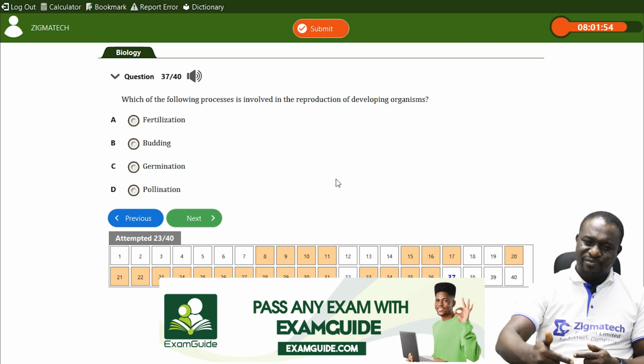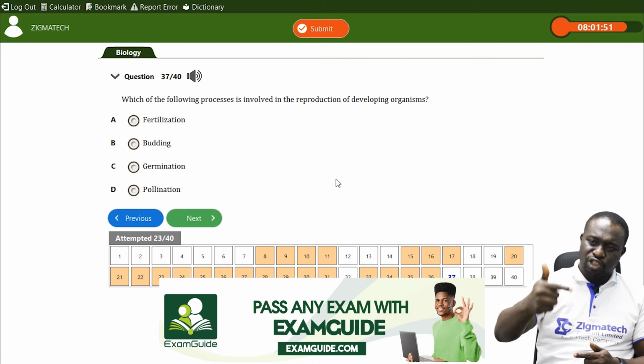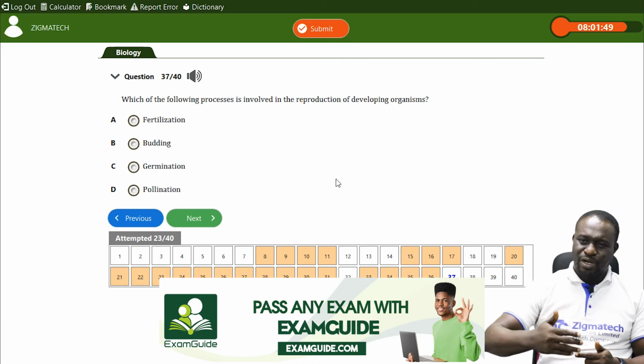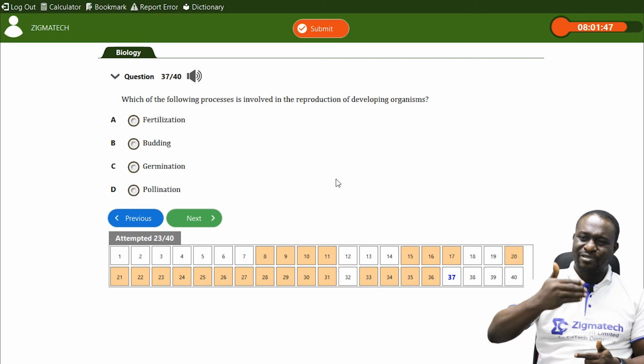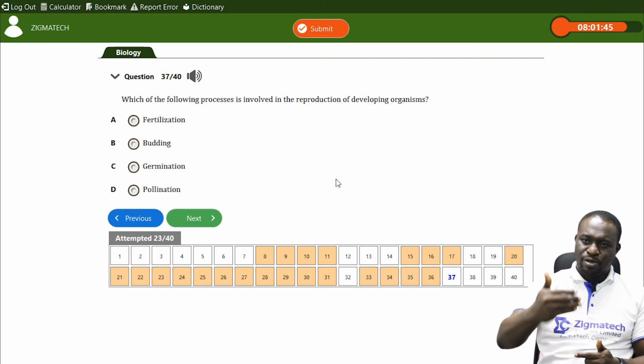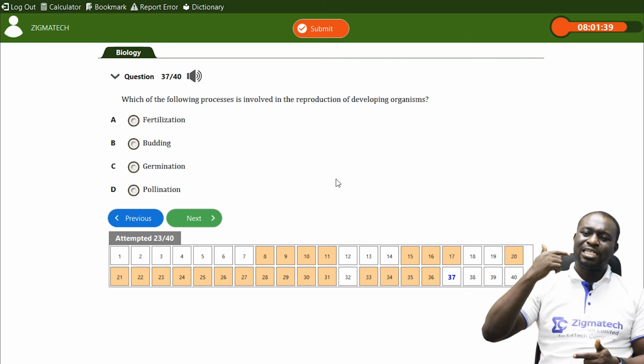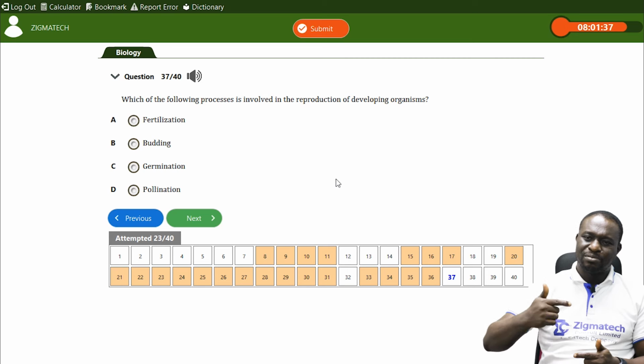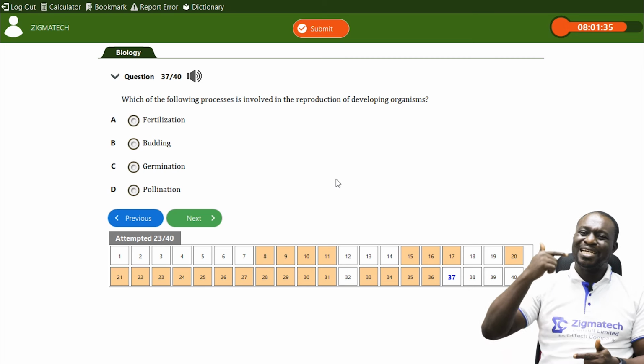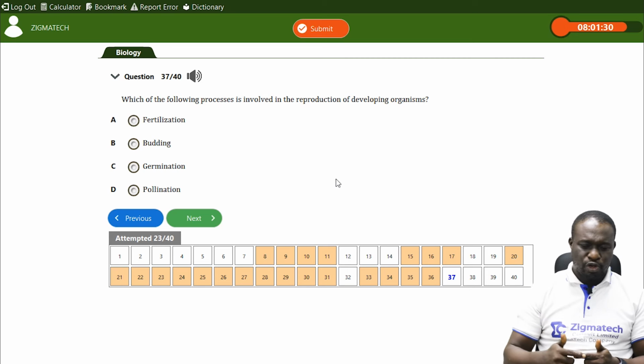The embryo then develops into a fetus before it is delivered. You can see that these are progressive developments in reproduction. And fertilization is a type of sexual reproduction. So where you see development of organisms in reproduction is in sexual reproduction and not in asexual reproduction.